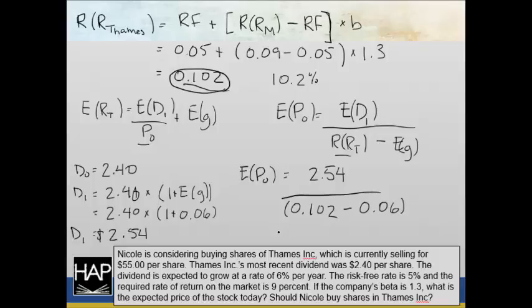Once we do those calculations, we can see that the expected price of the stock is equal to $60.57. Since the expected price is greater than the price that it's being sold at right now, which is $55 per share, I'm getting a bargain by paying $55 per share when it's worth $60.57 per share. So it would probably be a good idea for me to buy shares of Thames Inc. now.